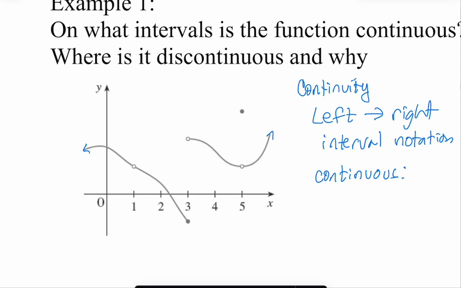The first value we had to lift our pencil was 1. The next value was 3. The last value we skipped was 5. So it is continuous from negative infinity to 1, from 1 to 3, from 3 to 5, and then from 5 to infinity.